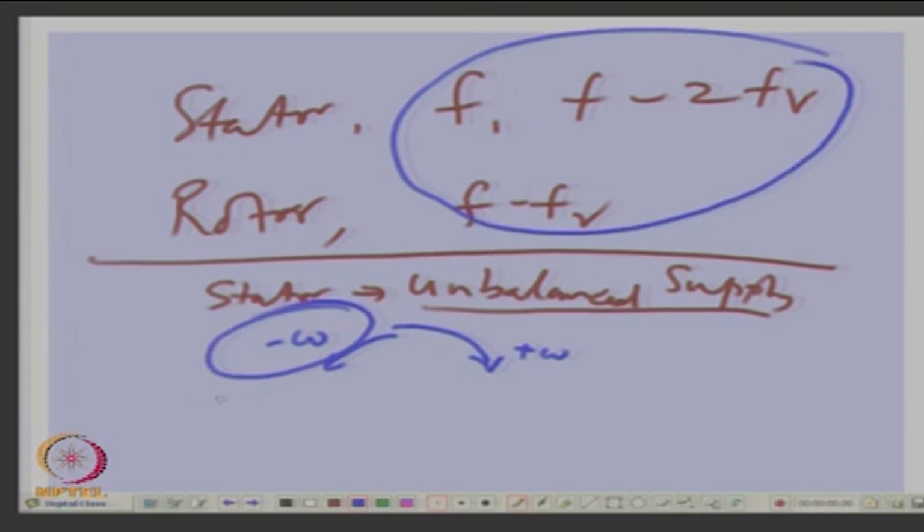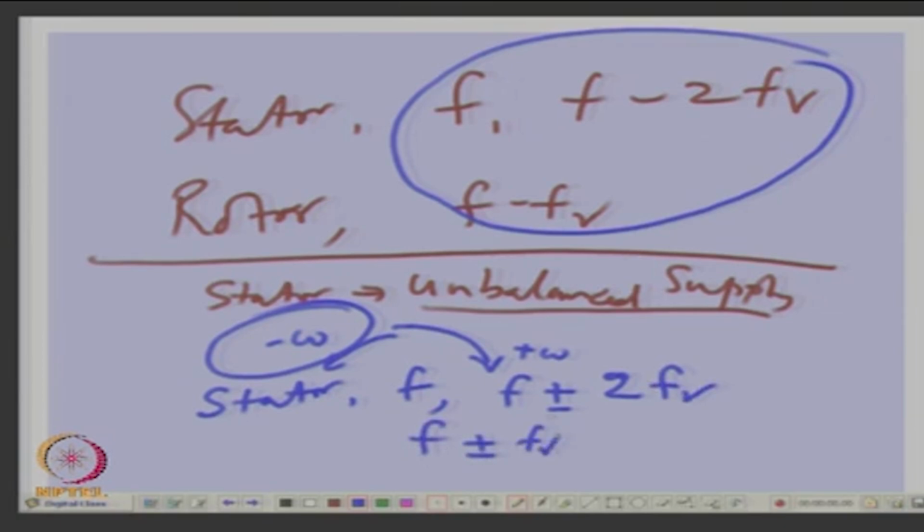So in this case, if you extend the same logic, the stator will have f plus or minus 2 f r, and the rotor of course will be f plus or minus f r, because both the forward and backward fields will give rise to two additional fields.